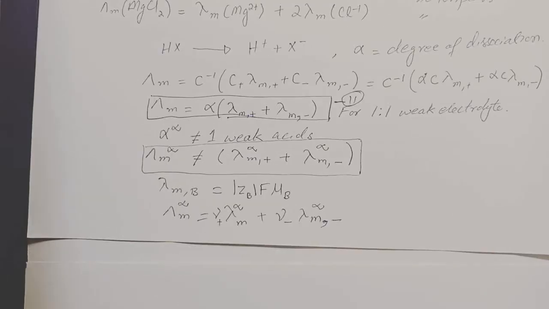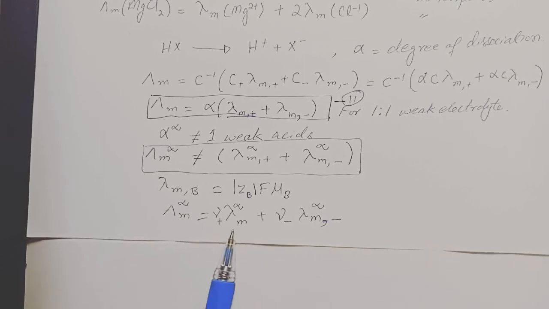Since there is no ionic pairing at infinite dilution, the mobilities of the ionic species can be calculated from the molar conductivities of the ionic species at infinite dilutions.